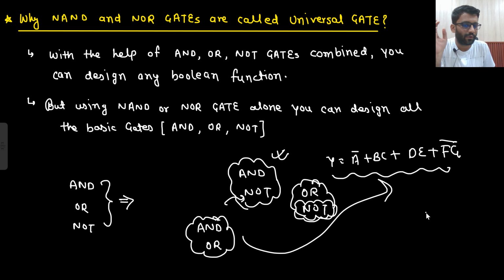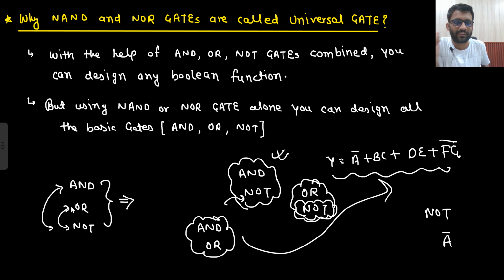If I only give you NOT gate, NOT gate can only do bar, nothing else. It cannot do addition, it cannot do multiplication. So only one gate is not enough to make any Boolean function. You need these 3 combined, or at least these 2 or these 2, right? So at least 2 you need. So alone they are not enough to make any Boolean function.